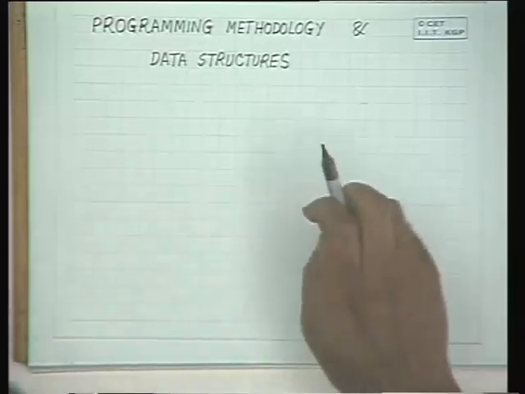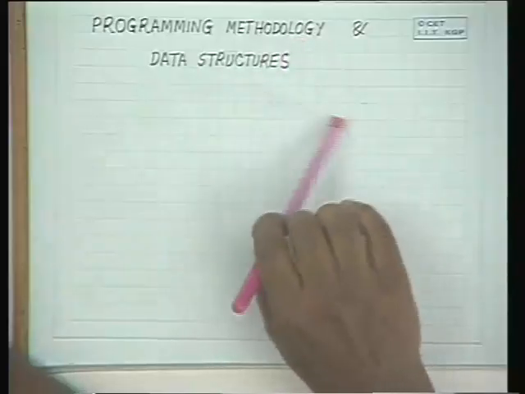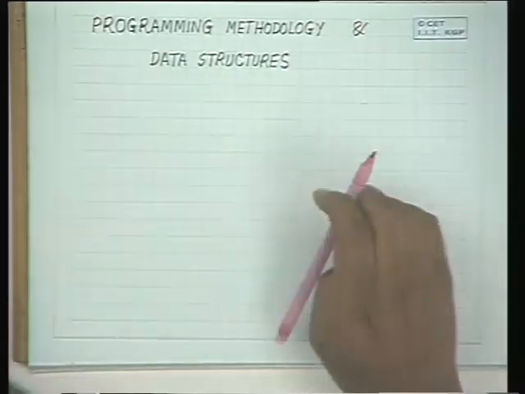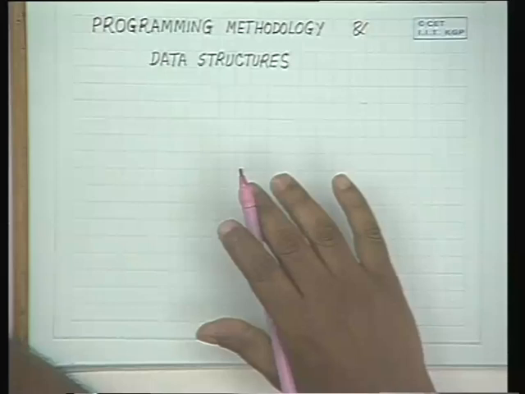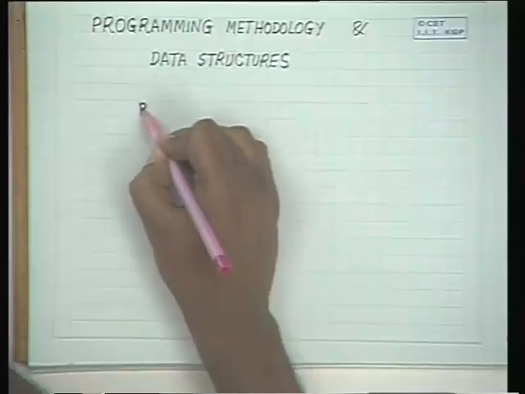Now the core issue in all these aspects which require both programming methodology and data structuring lies at one point. The first point is that you are given a problem, and given this problem you are to solve it efficiently. So the issue at hand in most tasks of computer science is the issue of problem solving.